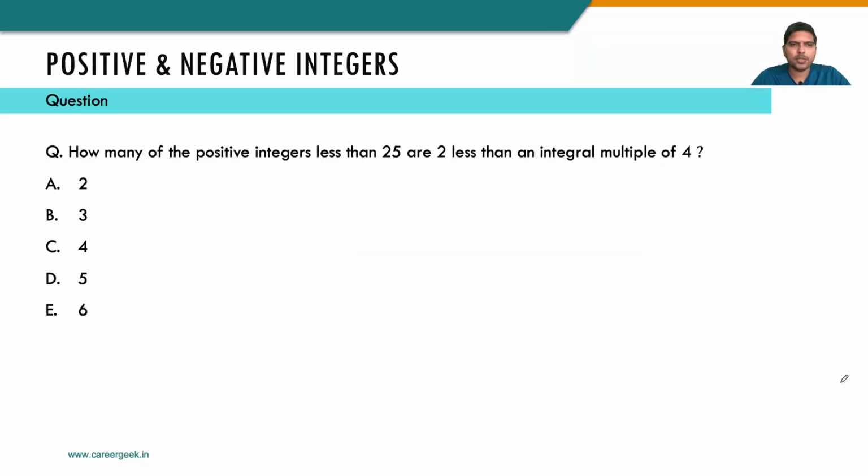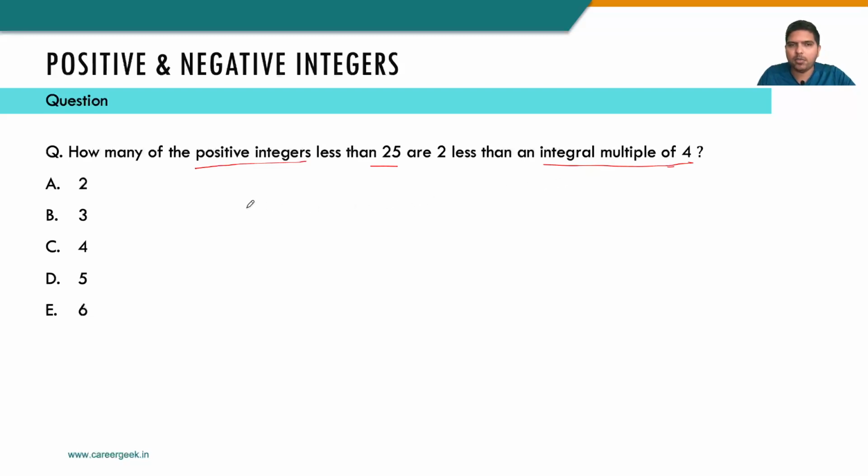We'll solve two examples. The first one: how many of the positive integers less than 25 are 2 less than integral multiples of 4?